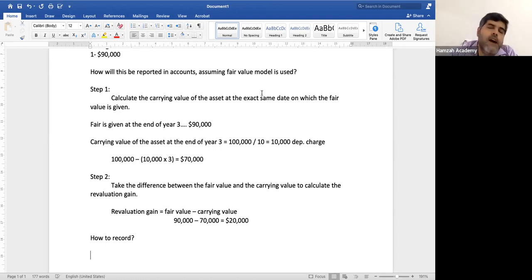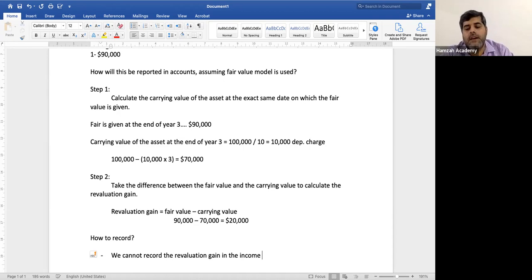Now the question comes, how to record? We cannot record the revaluation gain in the income statement because the gain is not related to operations and the gain is not yet realized.